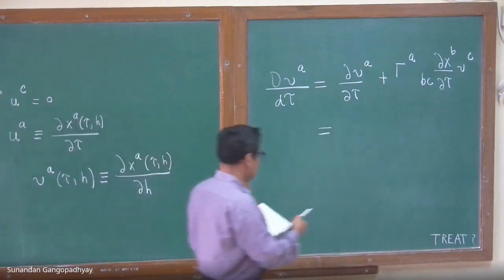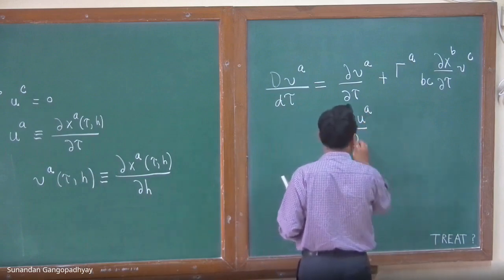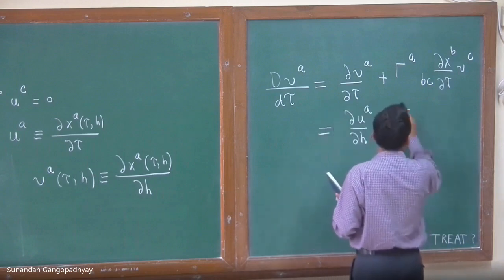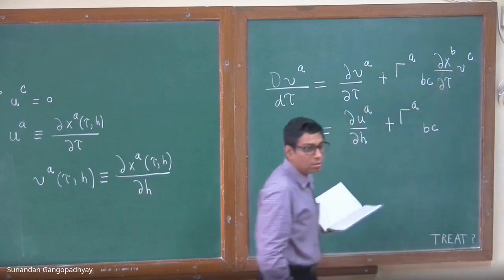And from here, you can immediately write this as del V^A del h plus gamma^A_BC del x^B del tau, and that is U^C.